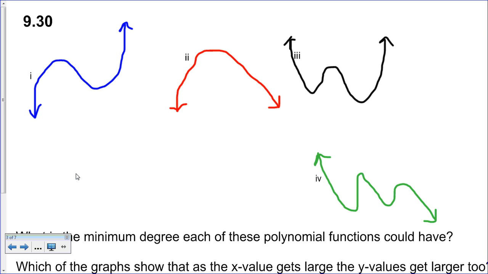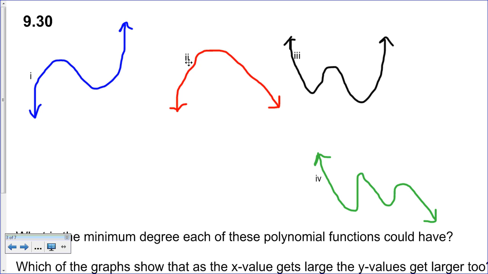Okay, for 9.30, they give you some graphs, and they're asking you some questions about those graphs. So which of the graphs show that as the x value gets really big, the y values continue to get bigger and bigger? So if you look at problem number 1, as x increases, y is getting bigger and bigger.